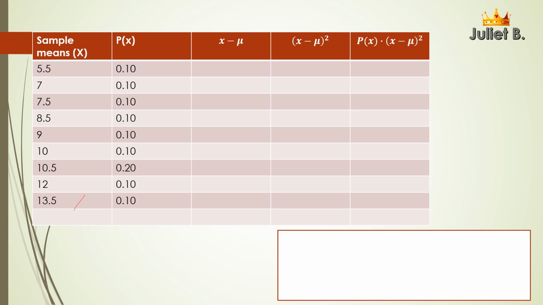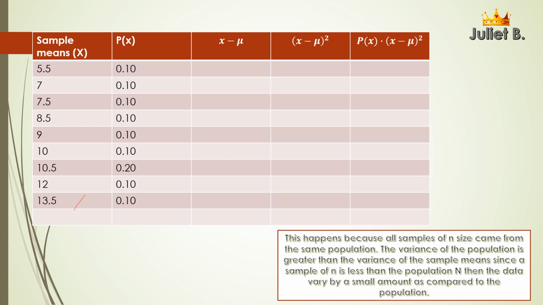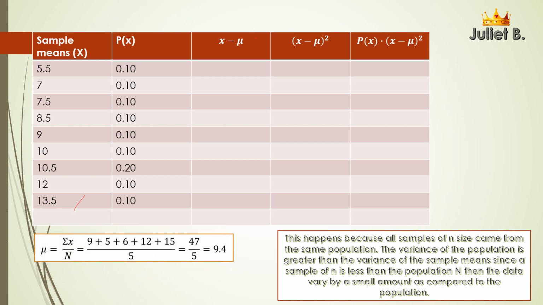And then, our next step, para makapag-compute tayo ng variance, is following the second step: get the difference of the sample means and the mean, and then square natin. And then, i-multiply natin yan sa probability of x. So, alam natin kanina na ang mean na nakuha ay 9.4.